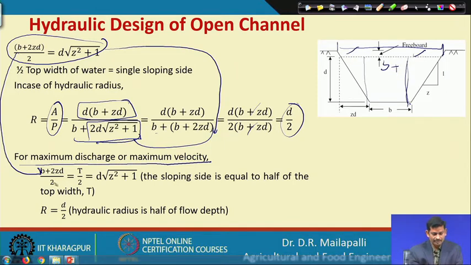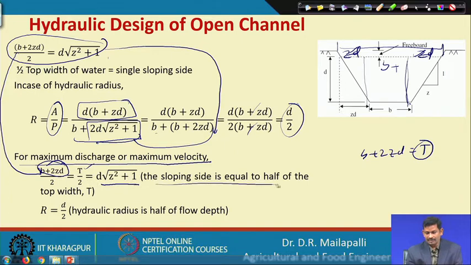That is what you get, b plus 2zD, this is zD and this is also zD. So, b plus 2zD is the top width. The top width divided by 2 is equal to D square root of z^2 plus 1, the same thing. So, the sloping side is equal to half of the top width.